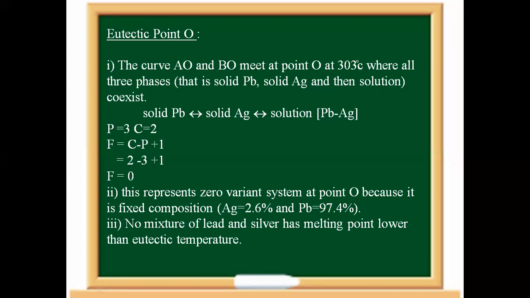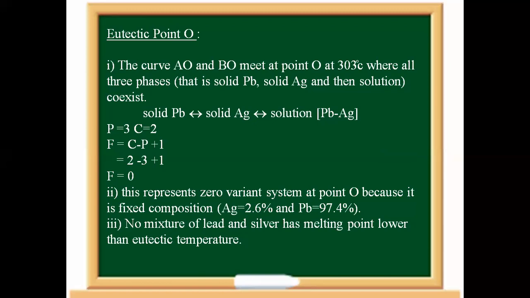So for the two component system, the number of phases are 3, where the degree of freedom is 0. This degree of freedom 0 is representing the system is zero variant और नॉन वेरिएंट एट पॉइंट O.